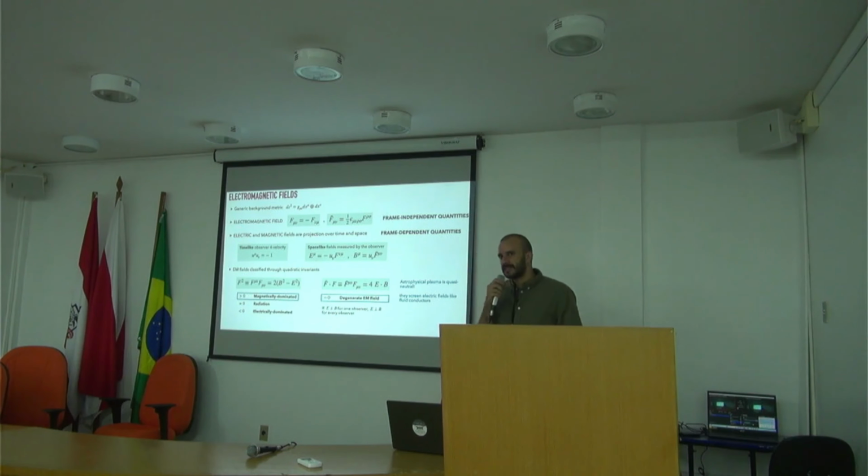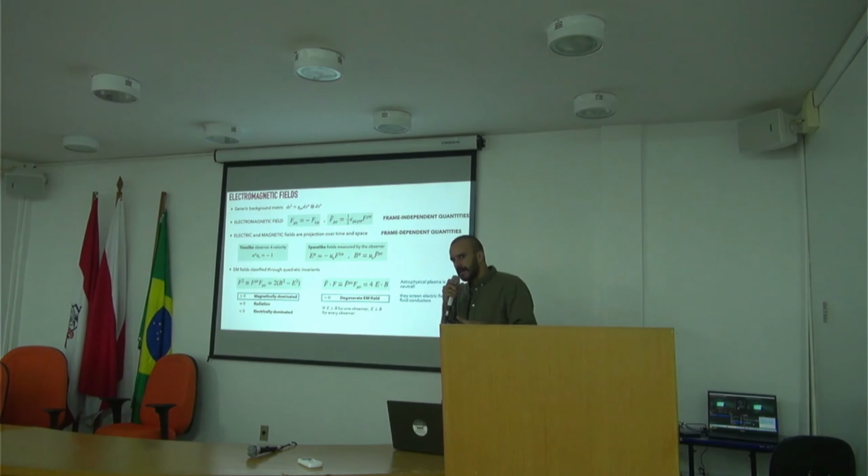Similarly, we can also classify electromagnetic fields in an invariant manner. So what we can do is construct Lorentz invariants, and the first invariant that we can logically construct is the square of the Faraday tensor. This is associated to the difference in modulus of the magnetic field and the electric field.